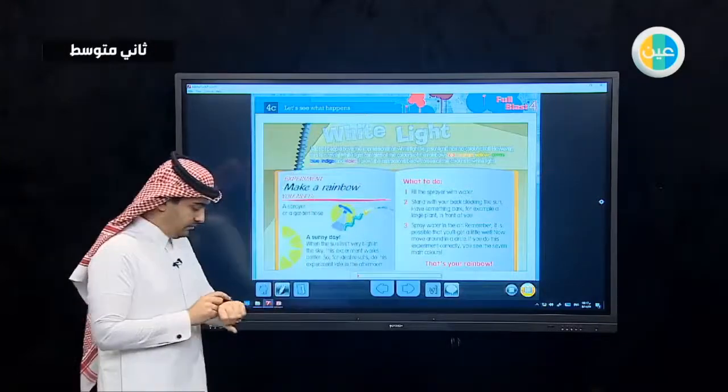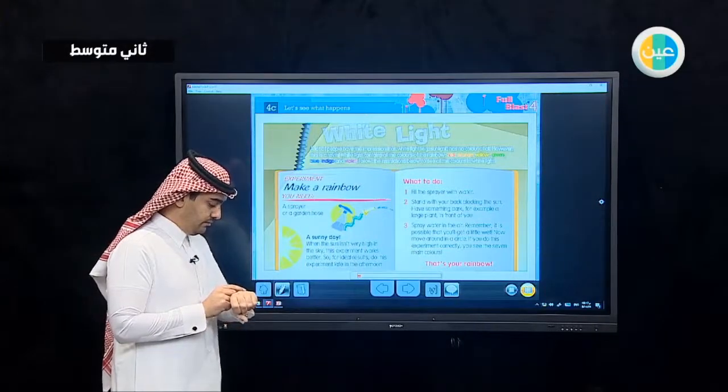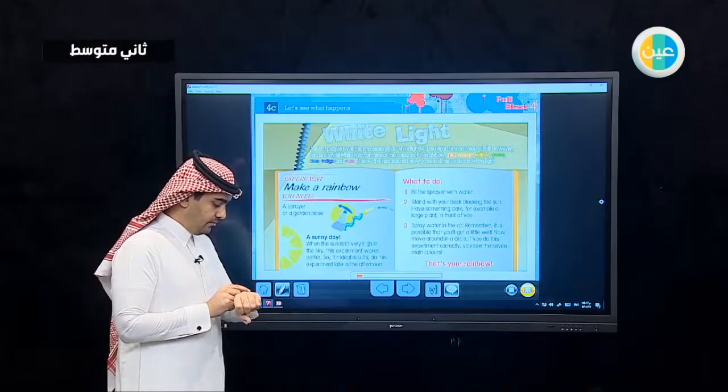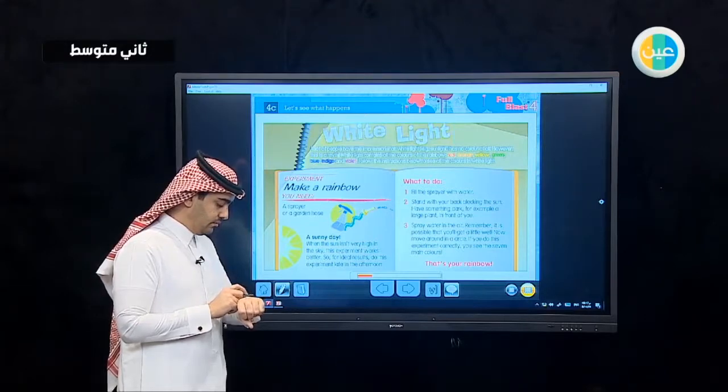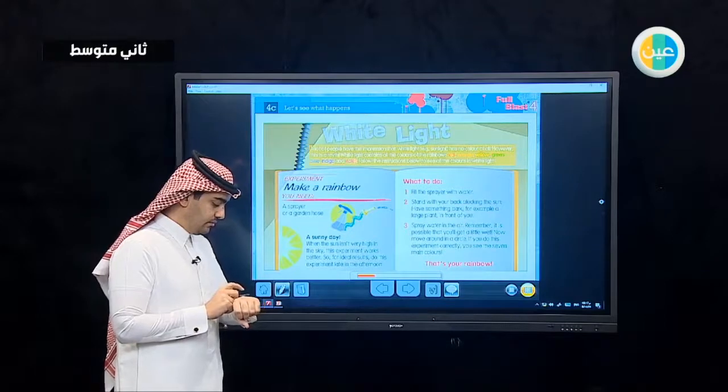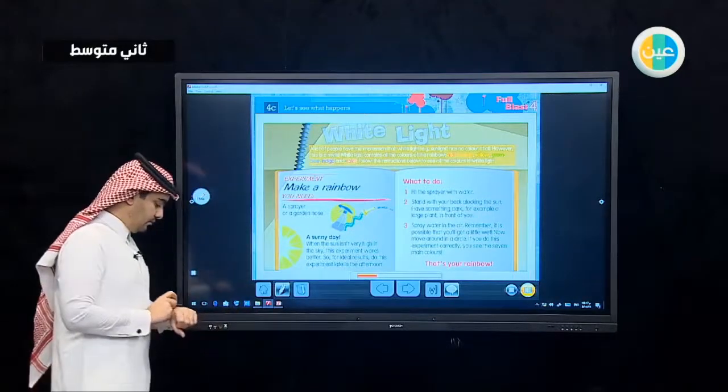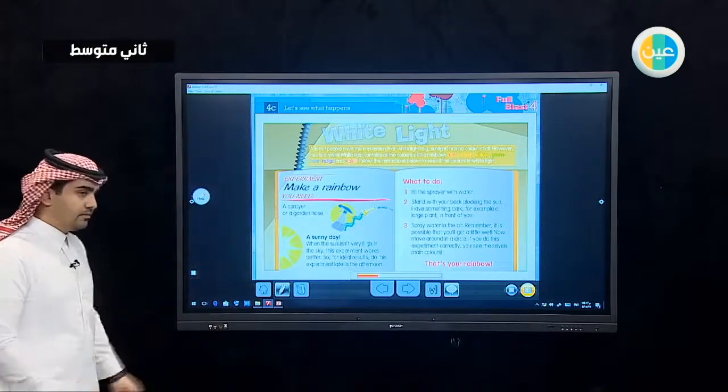4C. Let's see what happens. 1. Read. A. What are the colours of a rainbow? Listen, read and find out. White light. A lot of people have the impression that white light, for example sunlight, has no colour at all.